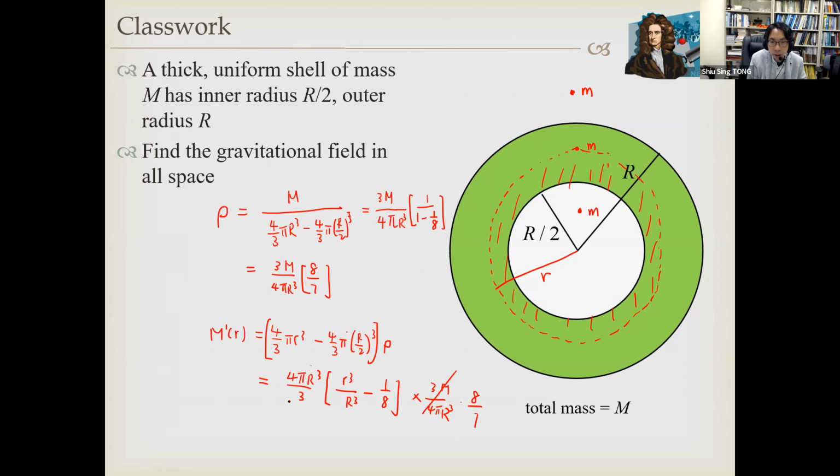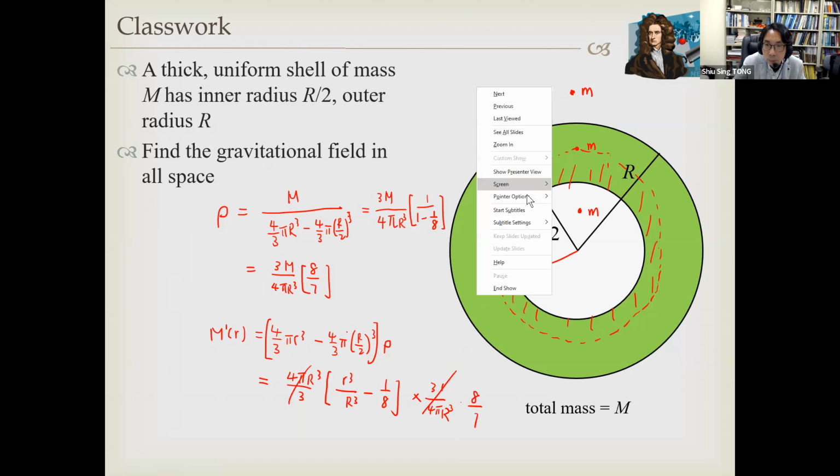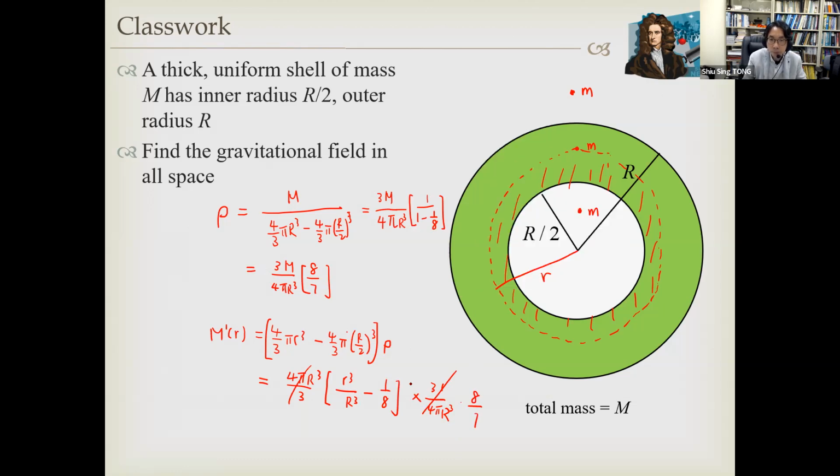This factor exactly cancels this factor, except for M, which doesn't cancel. So this is the answer I got, multiplied by M.